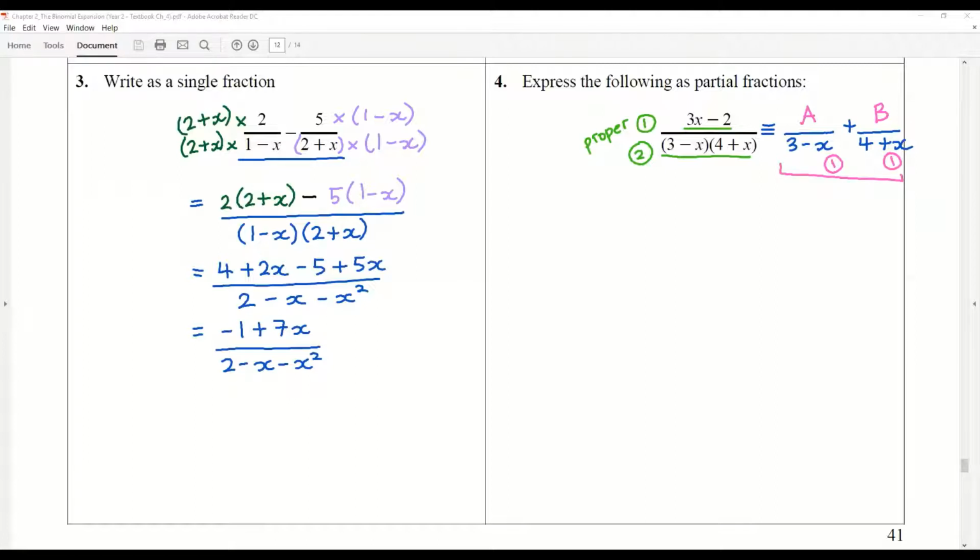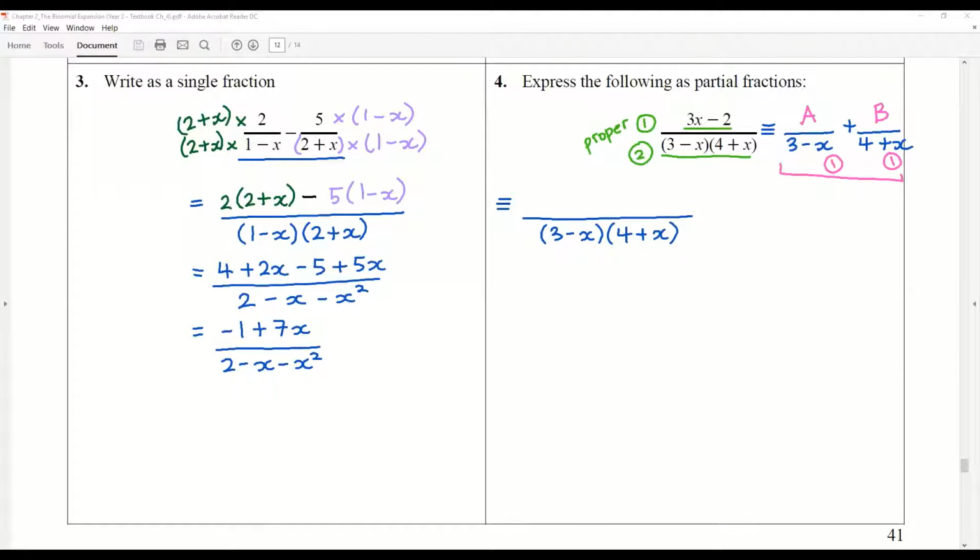So we have to combine these 2 fractions in the same way as what we did in question 3. Our common denominator, this is an identity, of course, is going to be the 2 linear expressions multiplied together.